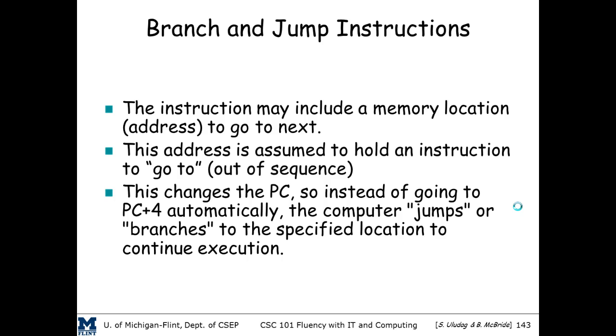Now, these instructions actually contain a new memory location to go to that would be out of sequence from the normal next 4 bytes sequence that the computer normally runs. Now, this new address then would tell it where to begin execution of the next instruction and then continue on in order, 4 at a time, unless it encounters yet another jump or branch instruction.